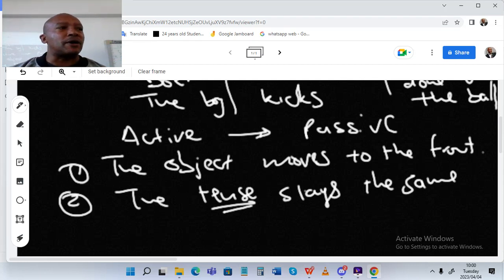What is the other one? Did we say we add the preposition by? You remember that? The ball is kicked by.